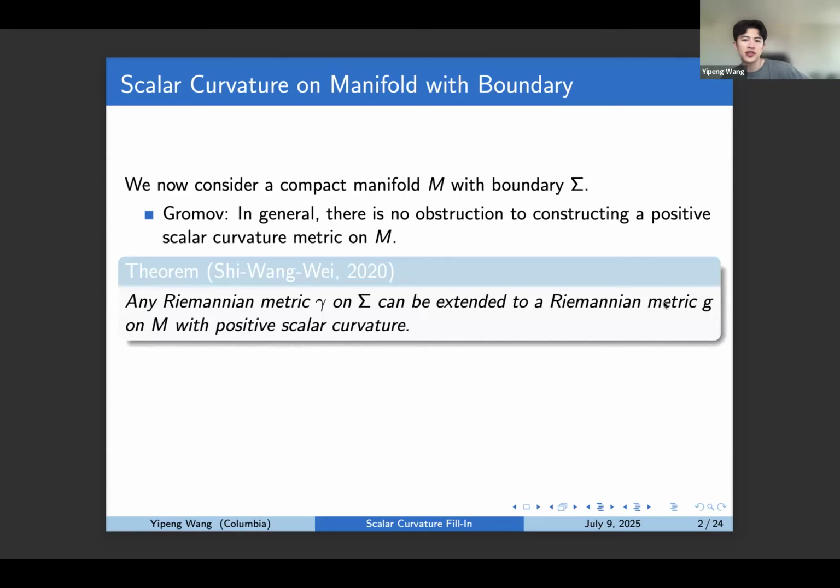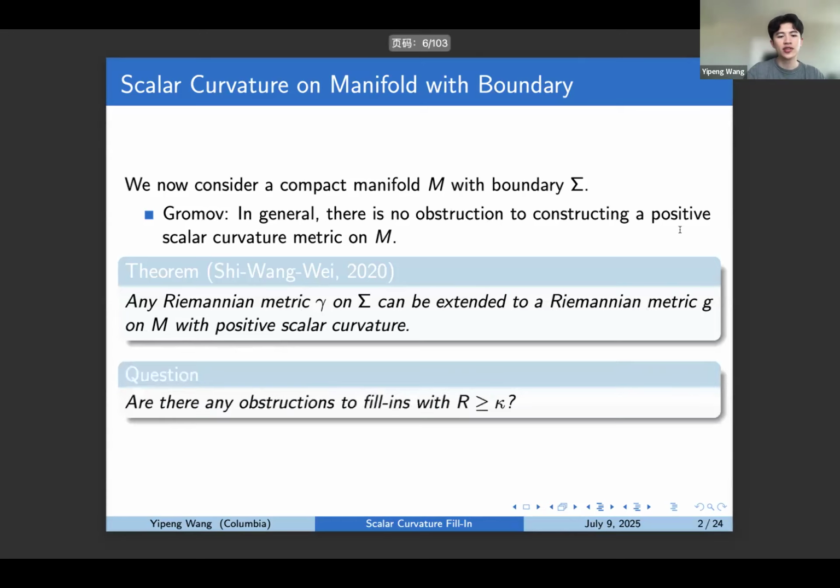So not only can you construct a metric inside, you can also impose boundary conditions. Basically, imposing the boundary metric does not give you any obstruction to a positive scalar curvature metric inside.